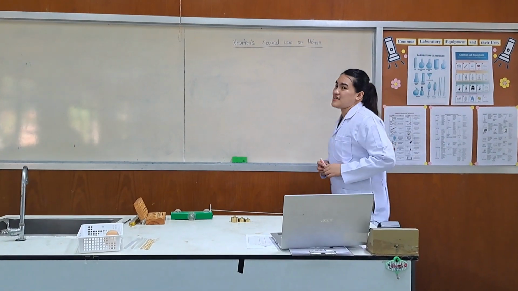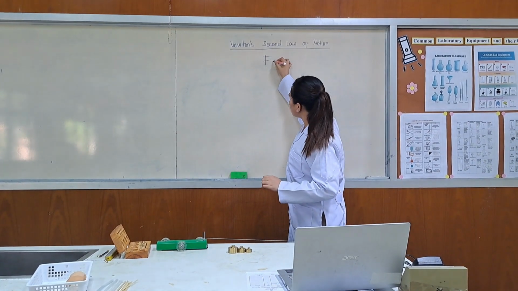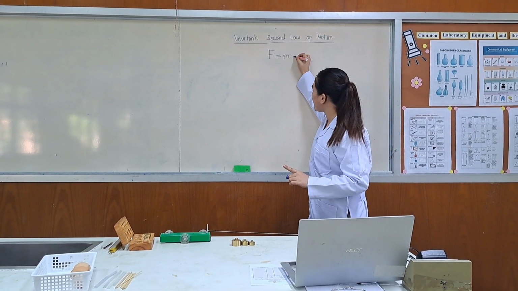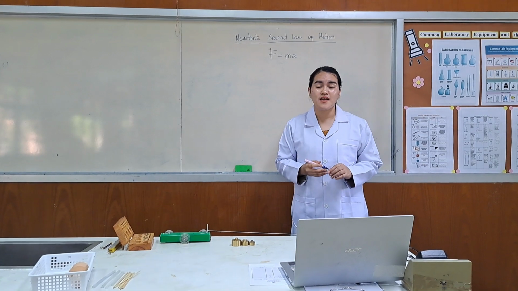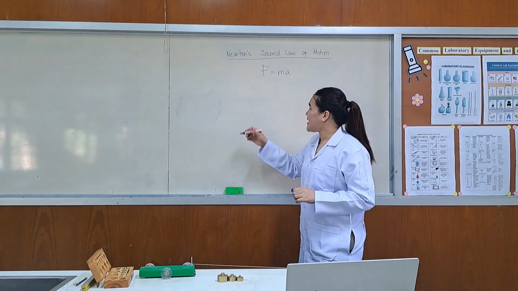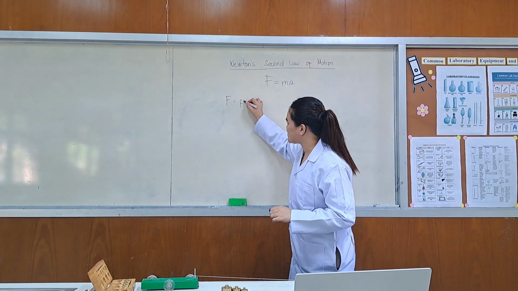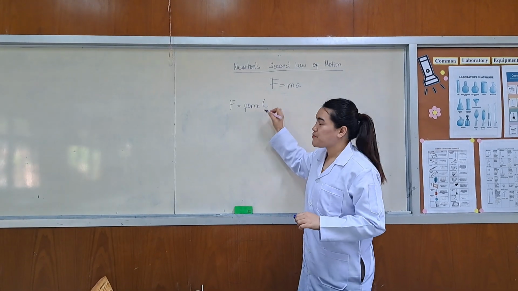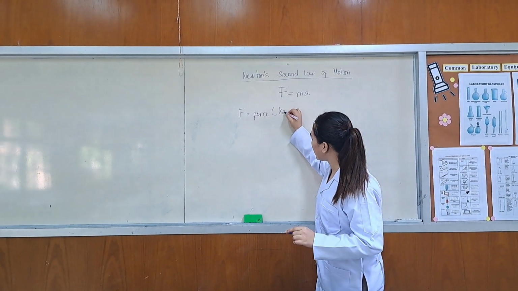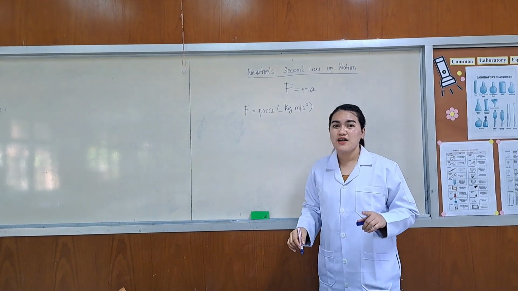What does this law tell us? It tells us that force is directly proportional to mass and acceleration. Oops, don't be overwhelmed. When we say F here as a symbol, it's the force, which has a unit of measurement, kilogram meter per second squared.